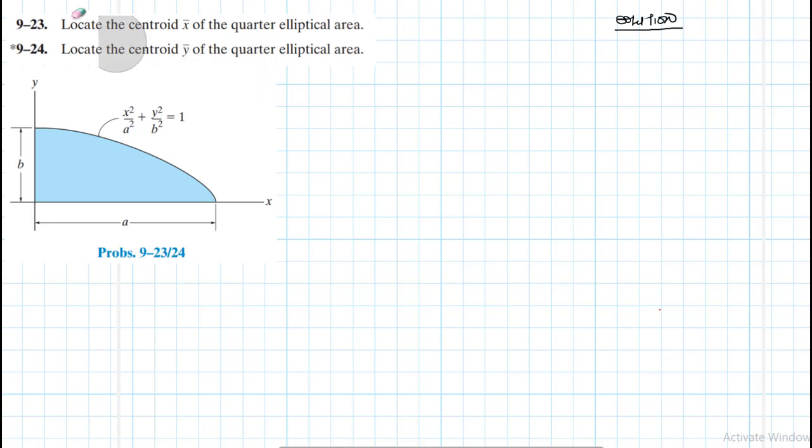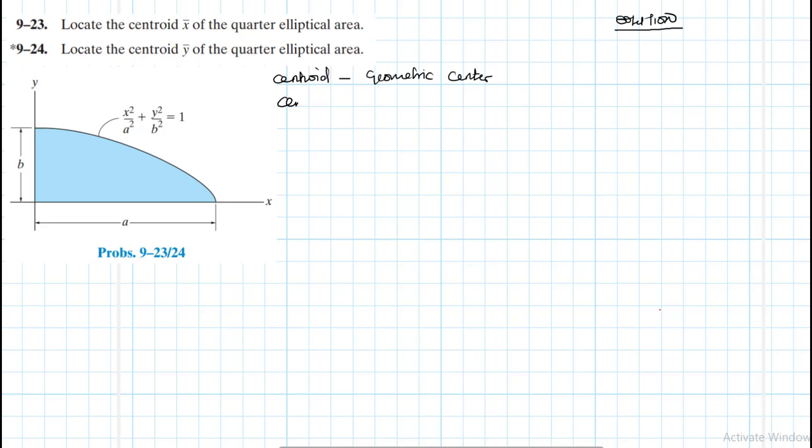So what is a centroid? A centroid is basically the geometric center. We have what is called the geometric center of a line, the geometric center of an area, like in this particular case, and also the geometric center of a volume.